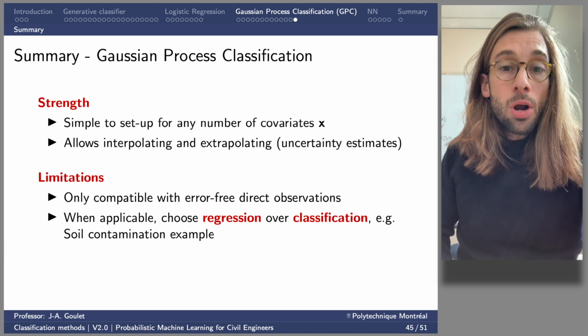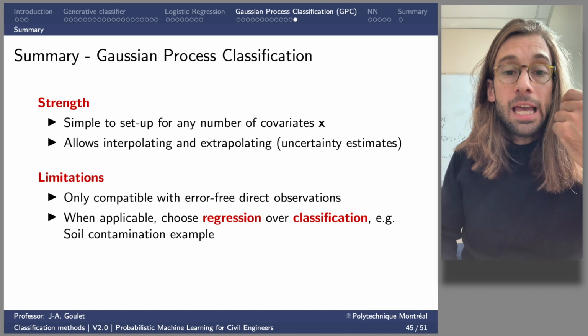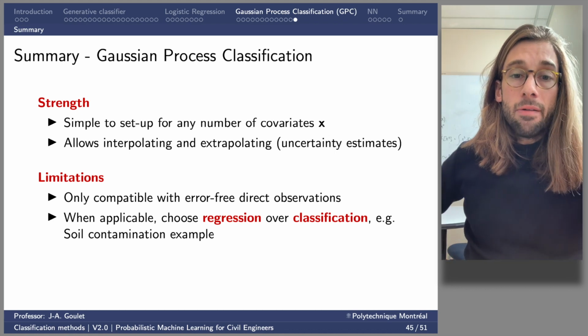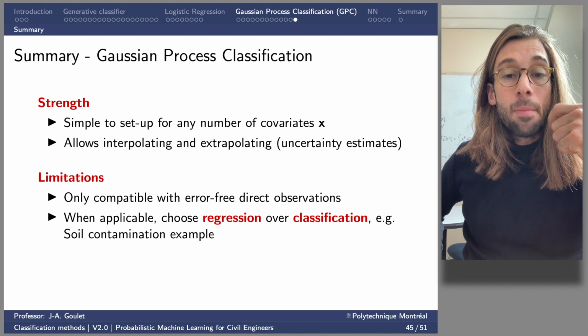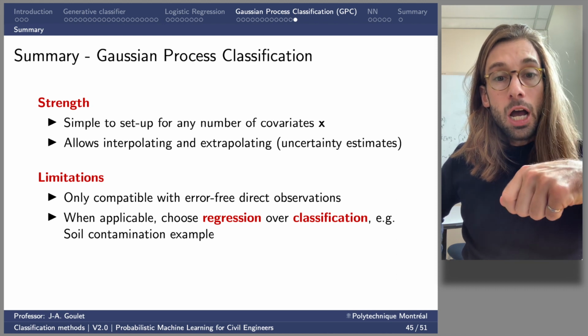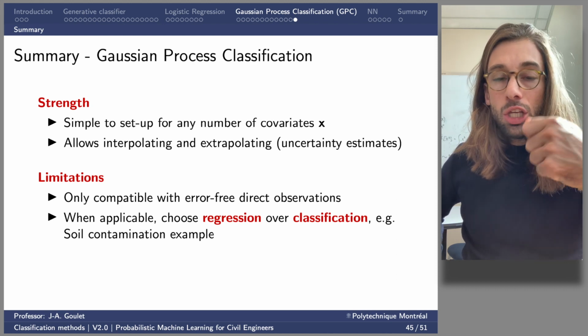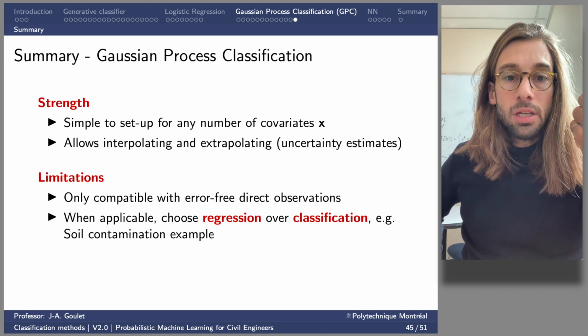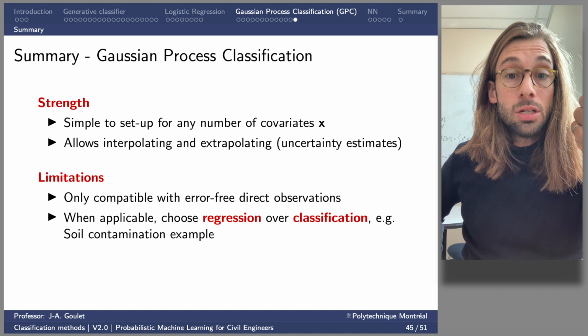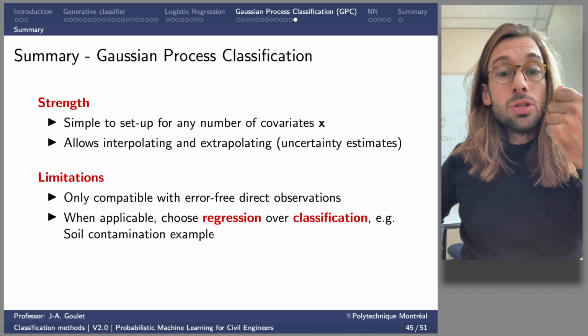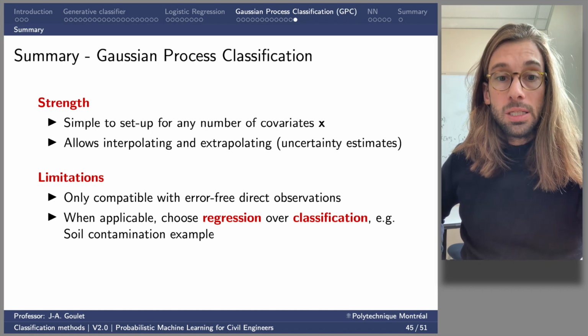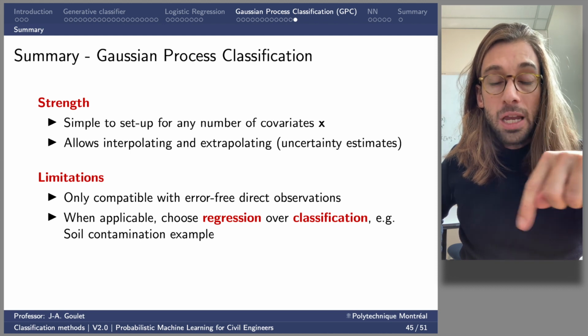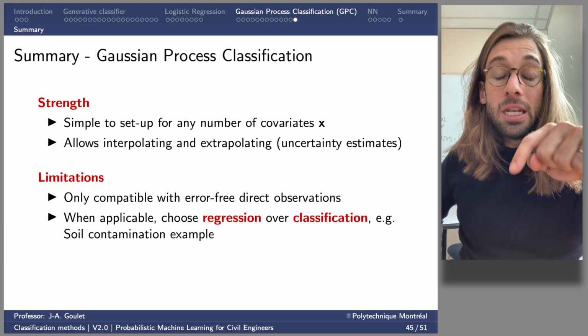Whereas we could have approached this problem differently. We could have said, we're going to build directly a classifier saying, am I contaminated or not? I'm going to directly use the observation of the lab telling me the contaminant concentration, and use these values to train a GPC, Gaussian process classification, to tell me as a function of the spatial coordinate, am I contaminated or not?